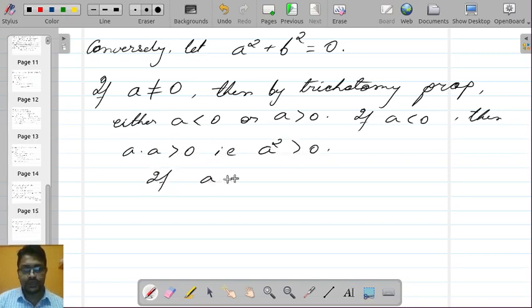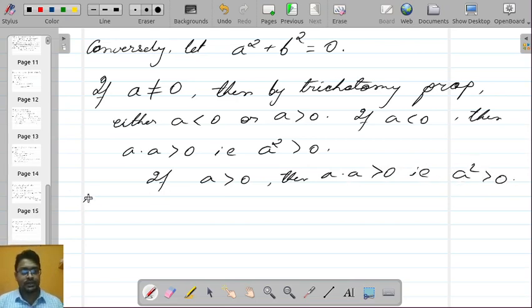If a is greater than 0, then a into a is greater than 0, that is a square is greater than 0. Thus a not equal to 0 actually implies that a square is strictly greater than 0.